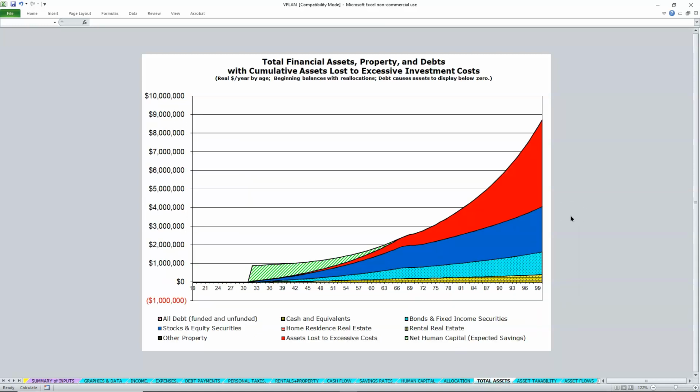VeriPlan's Total Assets graphic projects the cumulative lifetime value of all your cash, bond, and stock assets and all types of accounts. These are the assets that you accumulate over time, net of income, expenses, debts, and taxes. For this couple, their projected savings or net human capital is graphed here as a reminder. But it is not a tangible asset until earned, saved, and invested in cash, bonds, stocks, or property.